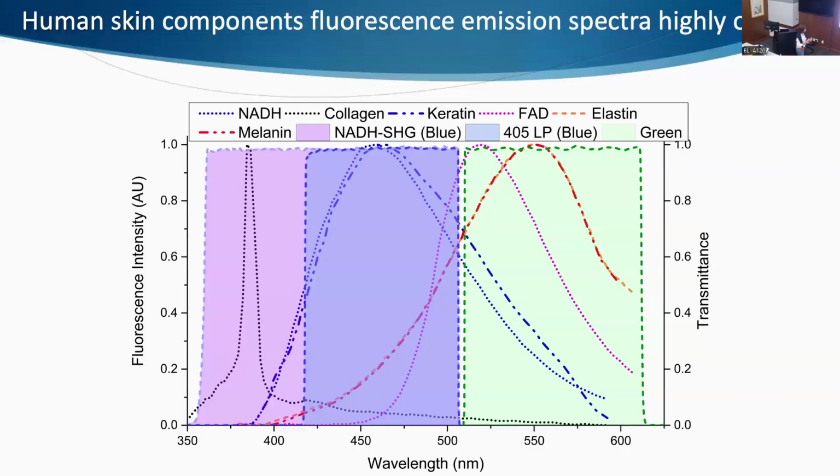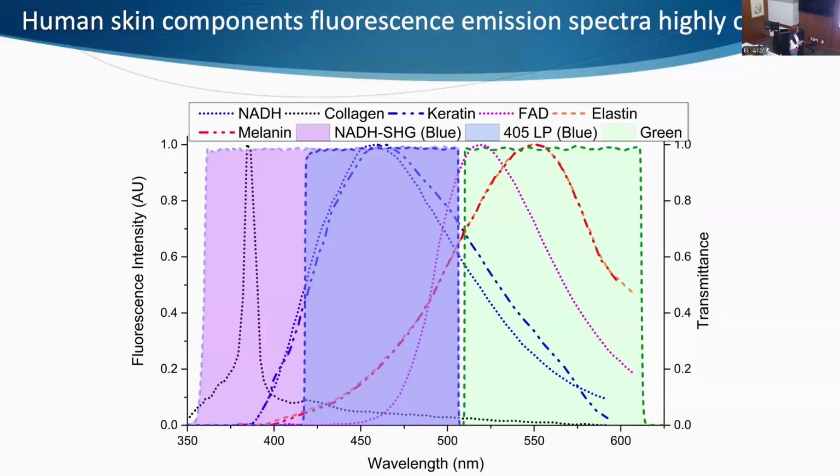So the fact that we do this imaging in vivo in clinic allows us to capture all these fluorescence signals, but there is a problem with all these skin components or molecular components we are interested in detecting. Their spectra are mostly overlapped, so it's very difficult to separate them.